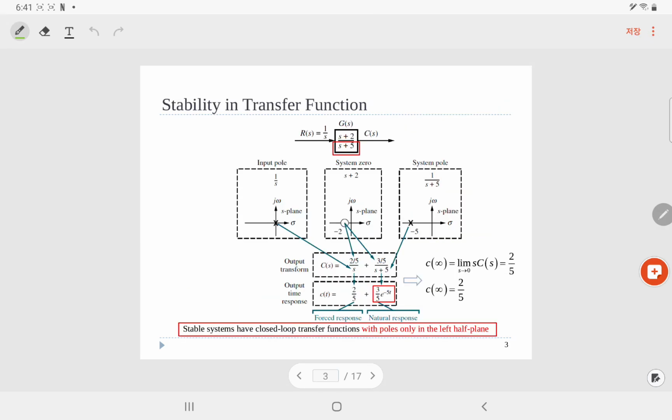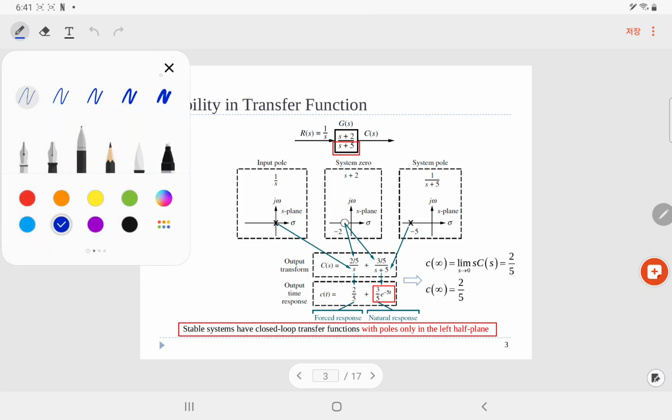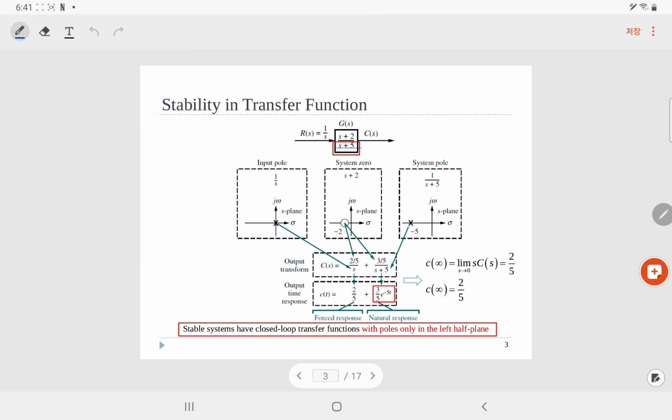Then let's consider an example. Okay, here we assume that the closed loop transfer function G of s is given like this, and hence you can see that the closed loop system has a pole at minus 5 and has a zero at minus 2. Okay, and those zero and poles are depicted here, and this point denotes the closed loop system pole, and the minus 2 denotes the closed loop system zero.